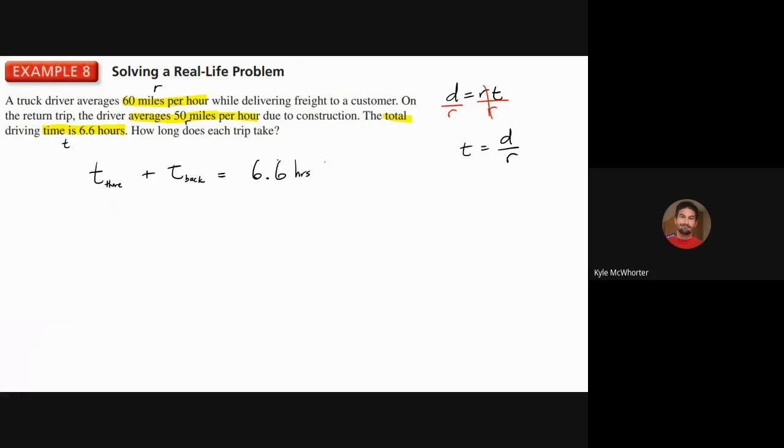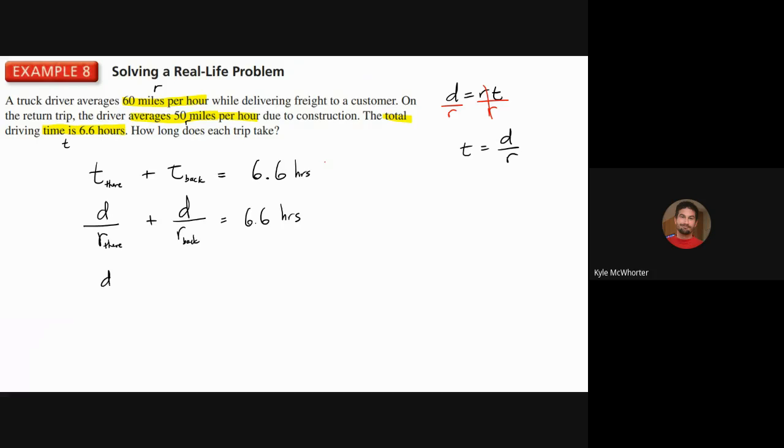So the time there was the distance divided by the rate going there. The time it takes to come back is the distance divided by the rate coming back. And we know what the rate going there and the rate coming back were. They gave it to us in the problem.